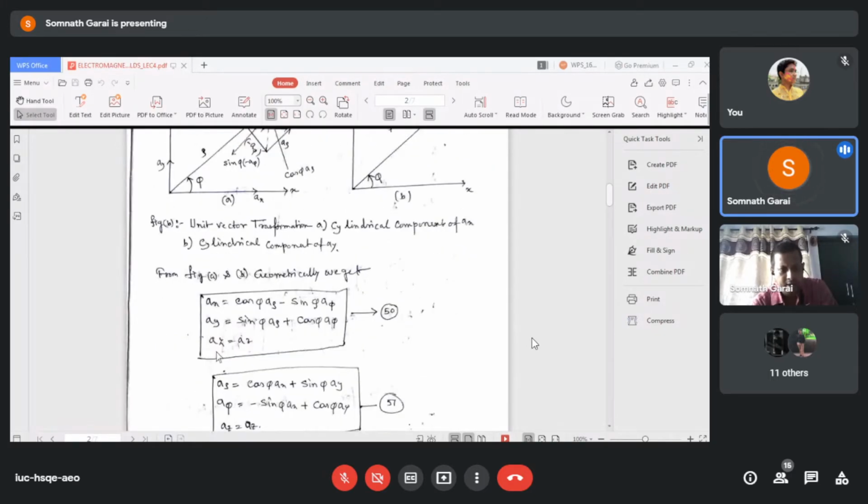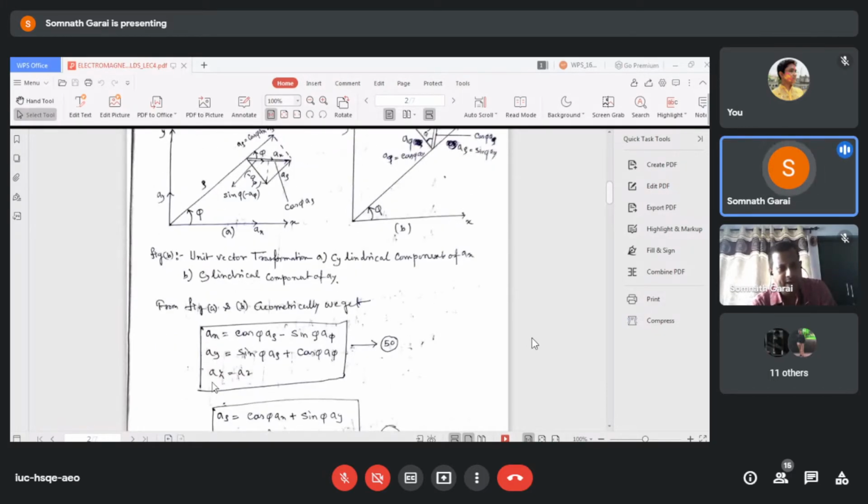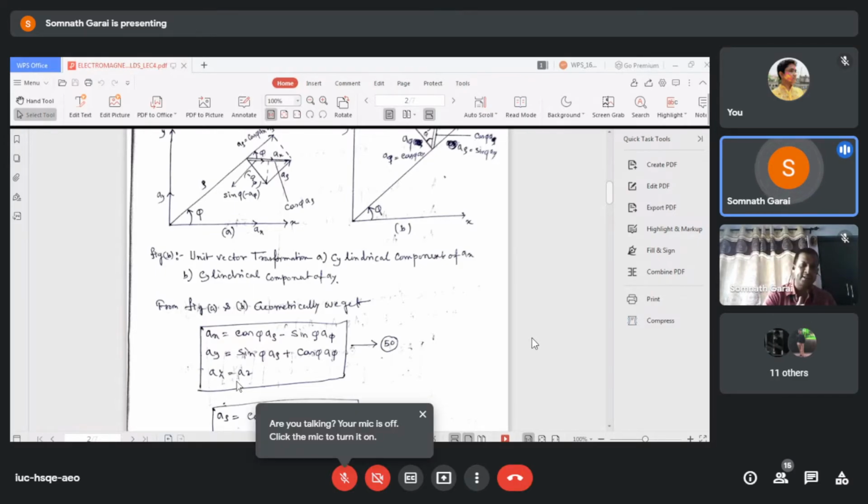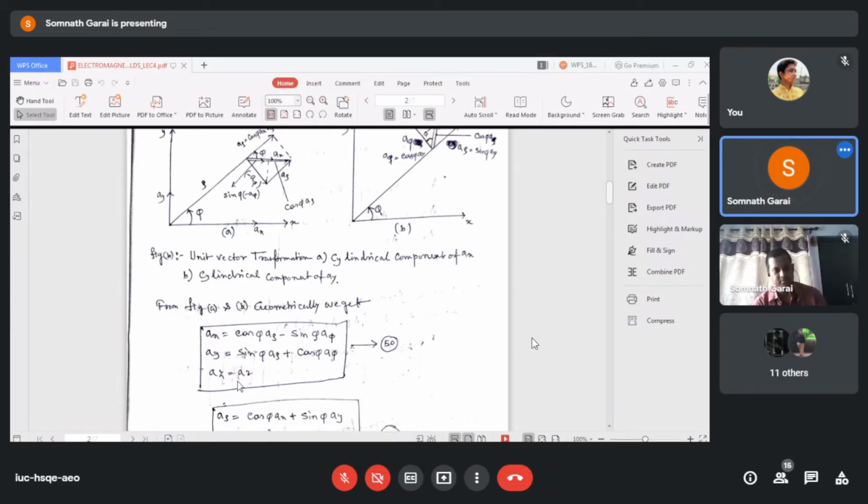Now az. I already said that in the Cartesian coordinate, spherical coordinate and cylindrical coordinate, the direction of the z component is similar. That's why the az direction of the cylindrical component is equal to the same direction of the az component of the Cartesian component.